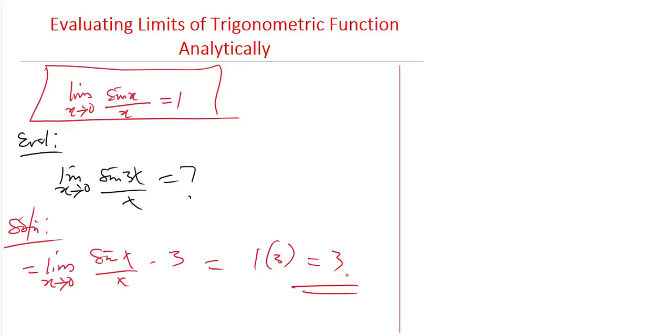Let's take another core trig limits identity, which is that the limit as x approaches 0 of 1 minus cos x all over x is equal to 0.